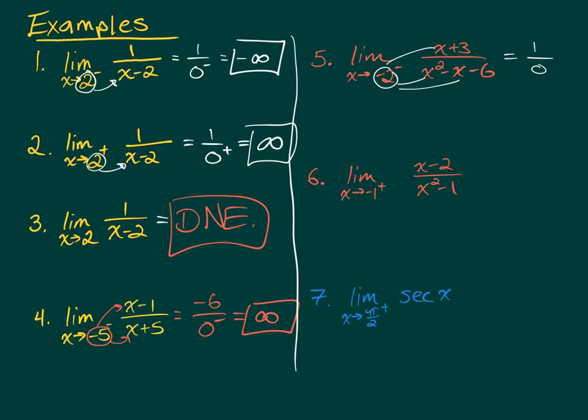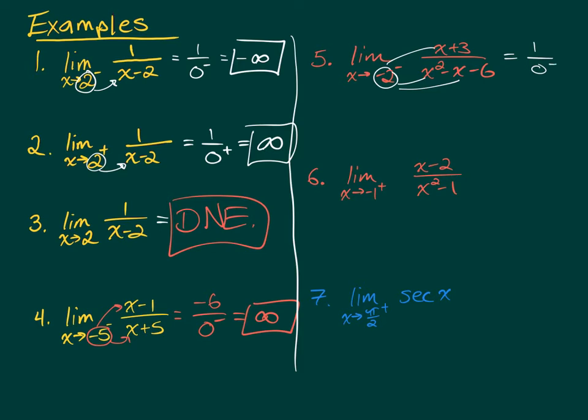So we substituted the negative 2 in for all of these x's. We ended up with a negative 1 over 0. And since the x's are approaching negative 2 from the left, if you substitute numbers to the left of negative 2, this denominator will end up being positive.